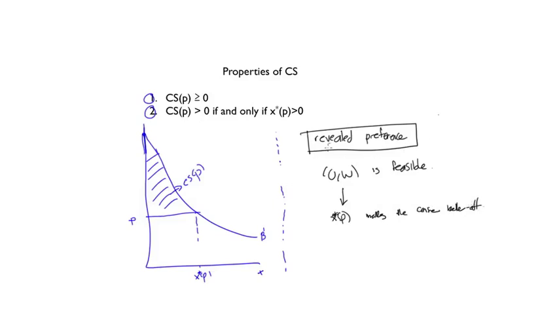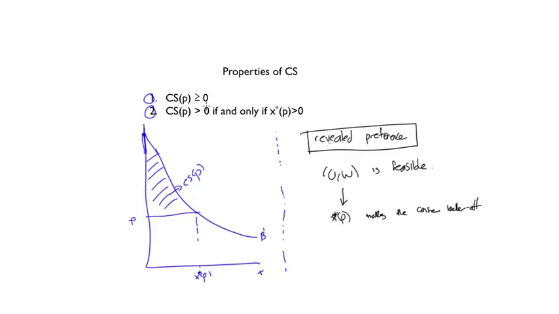Why? That's where the revealed preference comes in, because otherwise the consumer would not have bought the item. He would have chosen 0, which is feasible. Since by revealed preference this change has to increase the well-being of the consumer, this establishes that the consumer surplus has to be non-negative.